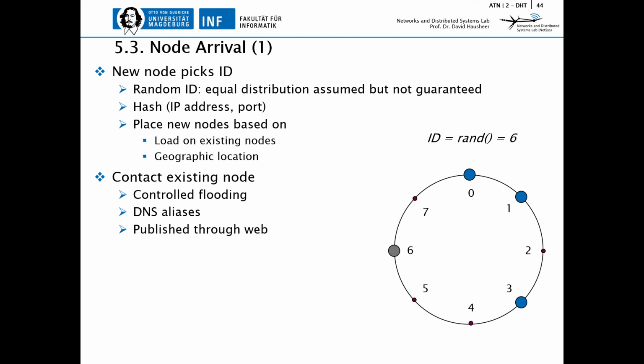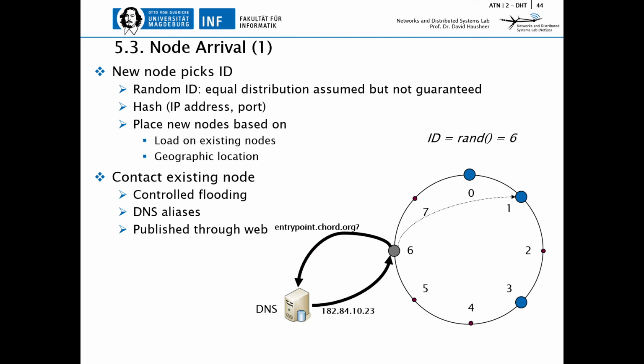Now here we choose a random identifier, in which case the new node gets the ID 6, as shown here in the topology. The new node then falls into that address space with ID 6, and then the actual existing node is being looked up with a DNS alias.